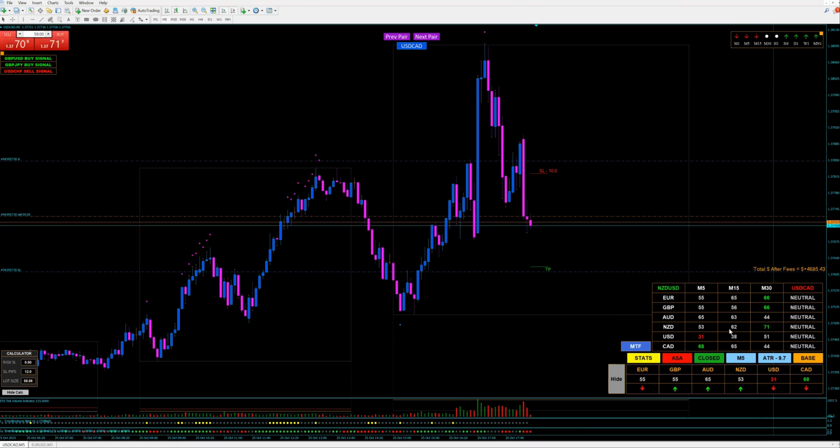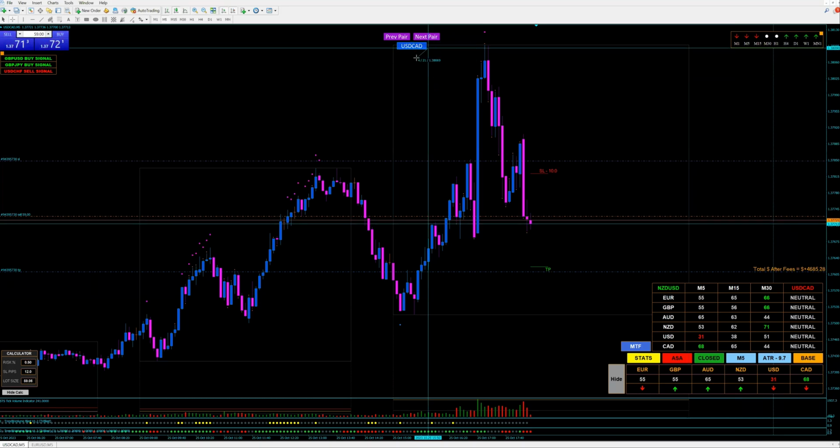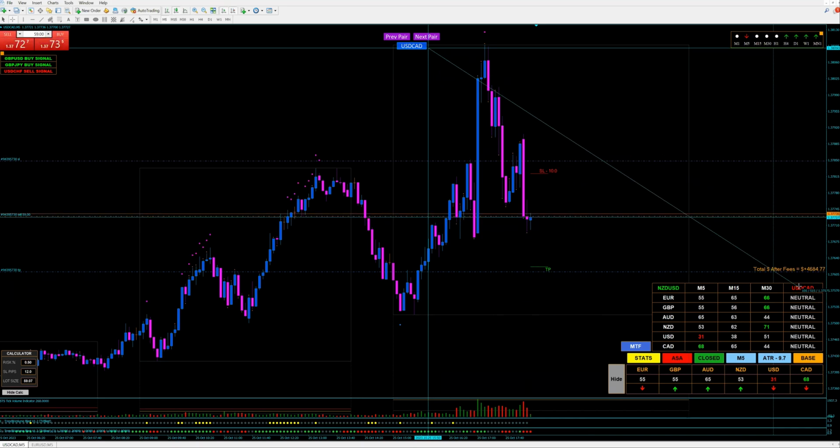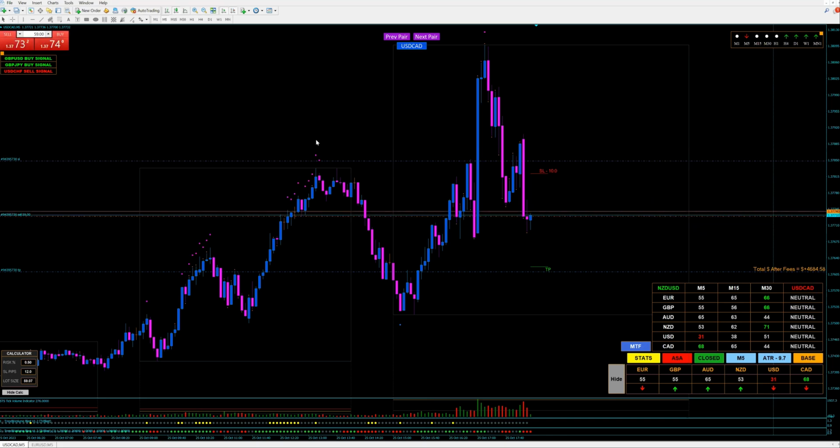USD closed a little lower since last time, so we're moving in the right direction. Plus, USD CAD is the one we're trading. We're trading that fresh signal right here that we got. And we have USD CAD listed as the best pair to sell on the multi-time frame meter.